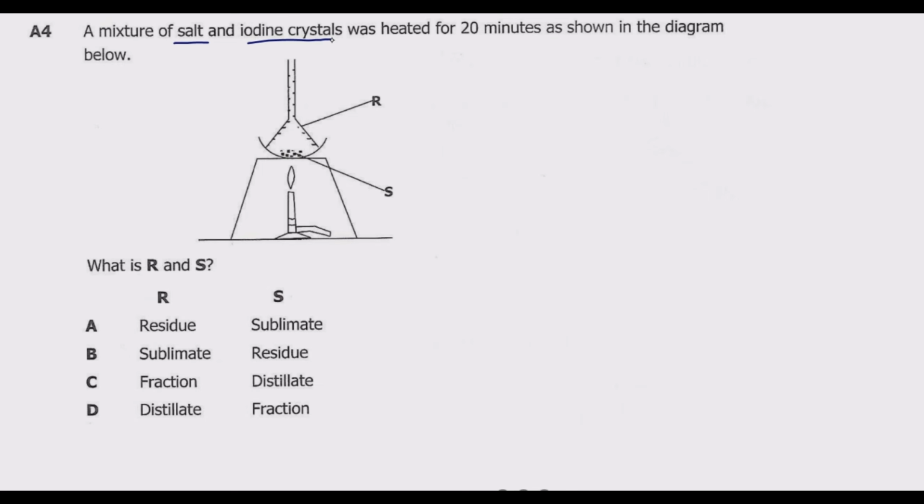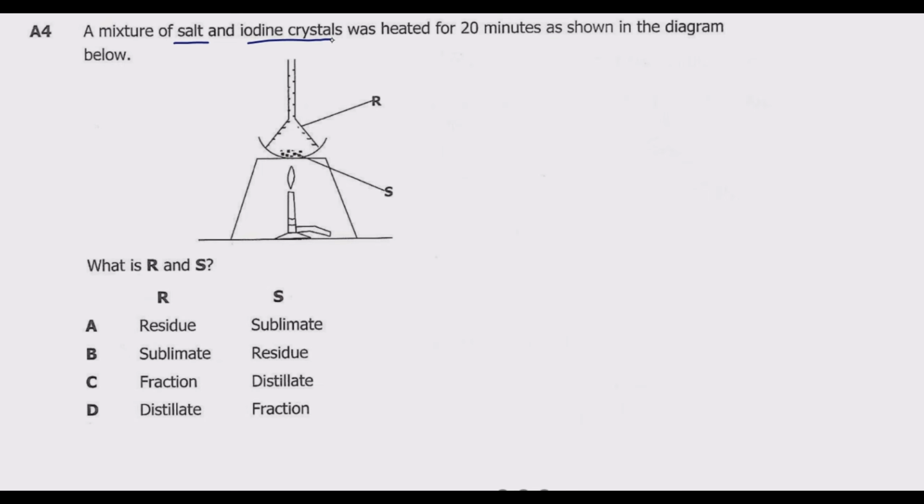So it's going to undergo the process known as sublimation, which is the direct change of state from a solid to a gas on heating, or from gas to a solid on cooling. This will happen to iodine crystals, but not to salt. Salt, no matter how much you heat it, will remain below here. It's not going to sublime. It may start melting, but it will not sublime.